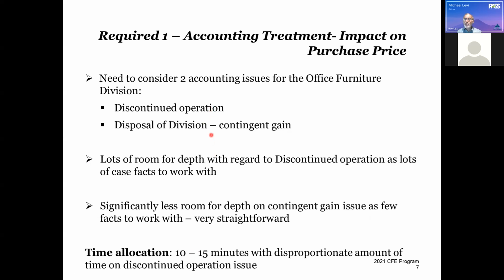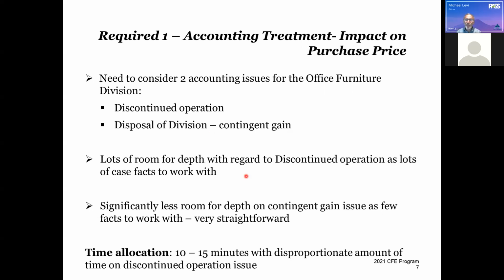And the other one was, as we'll see in a few minutes, there really was a contingent gain on the disposal of the division, right? The contingent gain comes up, in case people don't know what I'm talking about, on Appendix 2 in the very last paragraph, where they seem to have recognized $150,000 that's really contingent on sales achieving a certain level. So those are really the two issues relating to discontinuance and disposal of the division.